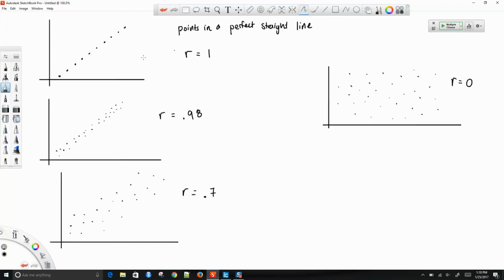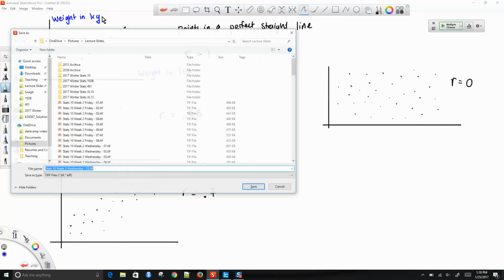So for examples, I'm just going to make some things up here. We could say you measure the weight of a person in pounds, and then you figure out their weight in kilograms.